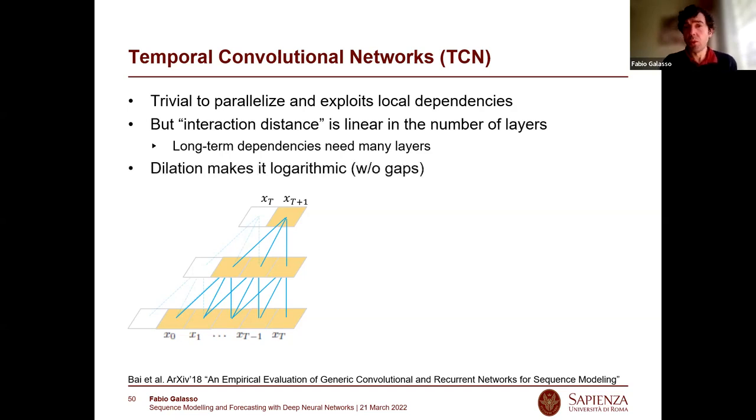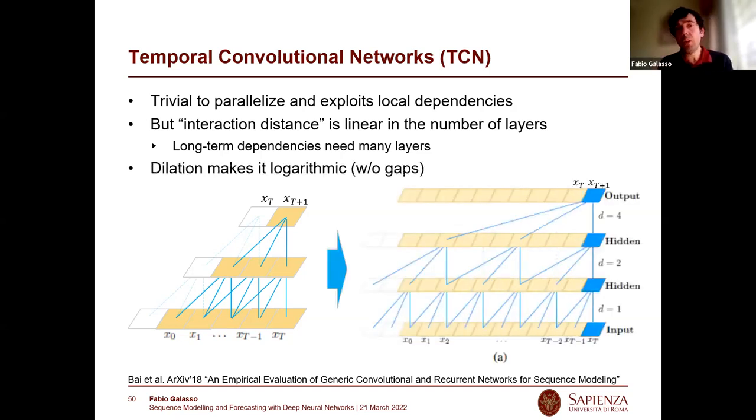So actually, what is really the small, say, addition of complication of this temporal convolutional network is that we have a dilation that doubles at each of the layers. Dilation means initially the kernels are covering, say, adjacent steps in time.